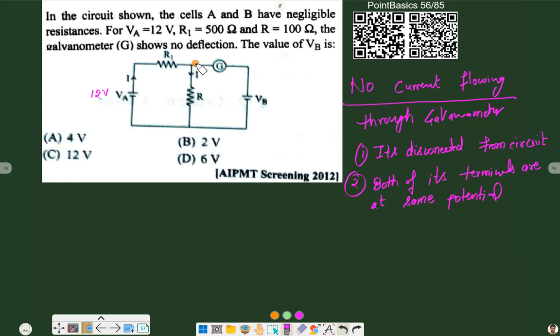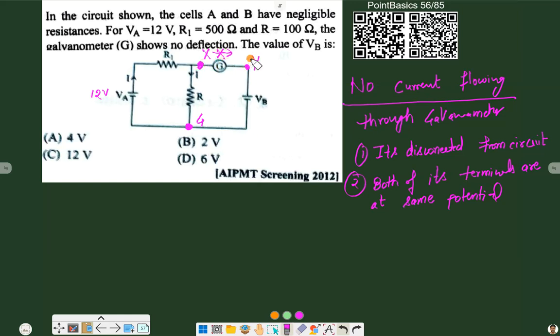Suppose we mark 2 points here as point X and point Y. If these 2 points X and Y are at the same potential with respect to ground, suppose this is our ground G, because the negatives of both batteries are connected, so we consider it as a ground point. So if both points X and Y are at the same potential with respect to ground, then what will happen? As X and Y are at the same potential, no current will flow between them.